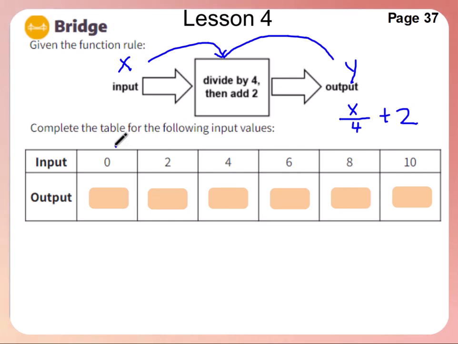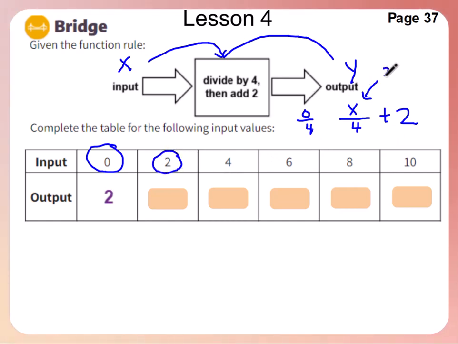Okay, so we're going to take these values. We're going to start with 0. So 0 divided by 4, if we substitute that in for x, is 0, plus 2 gives us 2. Okay, now let's go to the next value for x, 2.